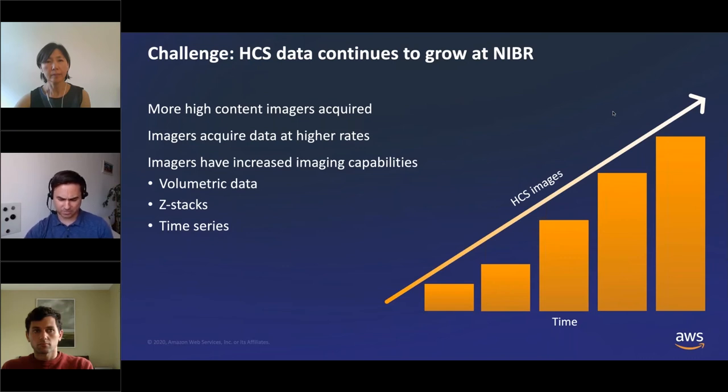And as we've gone through these last few years, the types of data and basically the capabilities have changed. So a lot more volumetric data, Z-stacks, time series, so kinetic imaging, just means a lot of data. And that's put some stress on traditional infrastructure on-prem. And I'll talk a little bit about how we address some of that with Amazon.